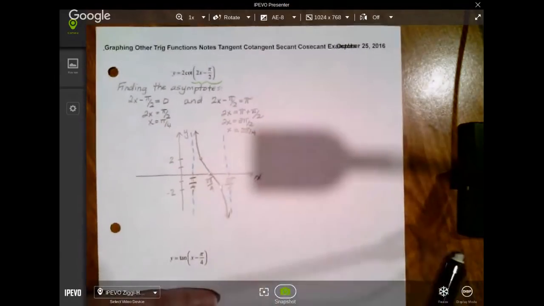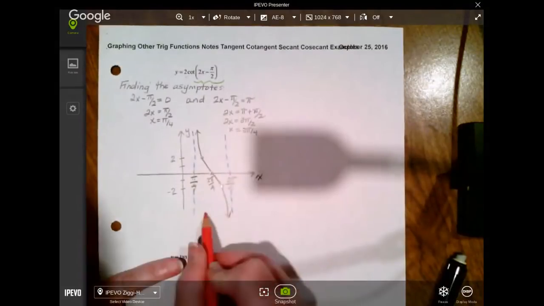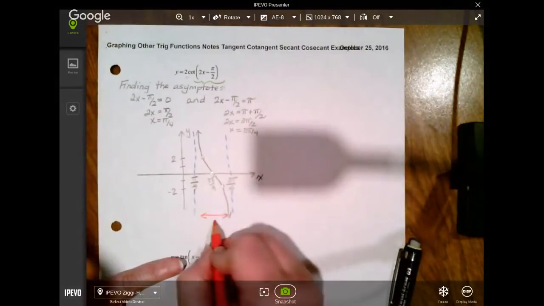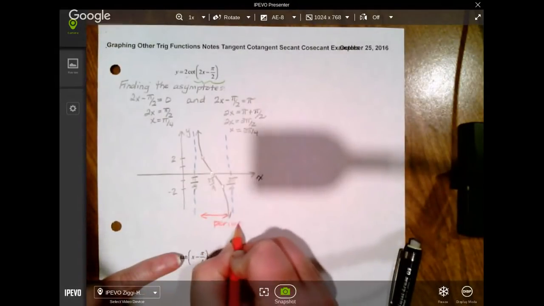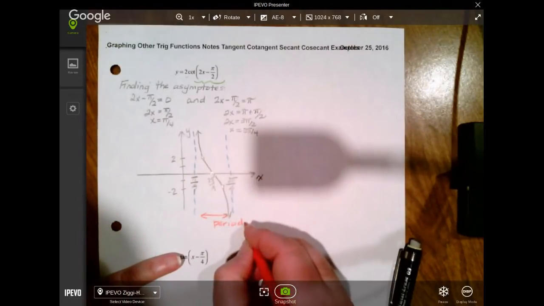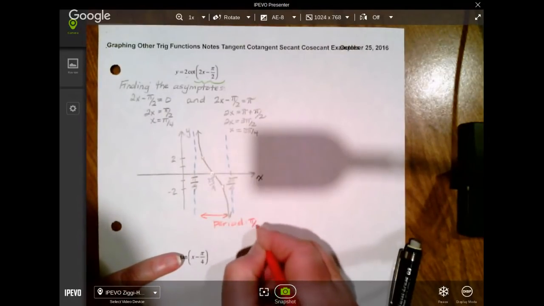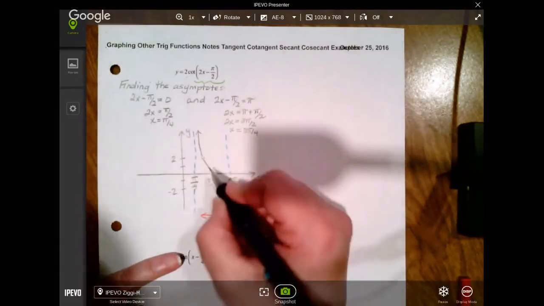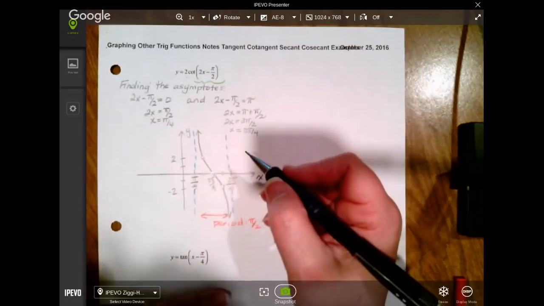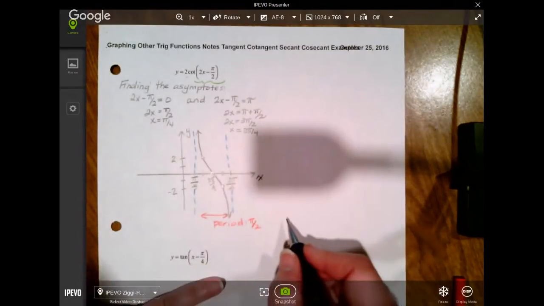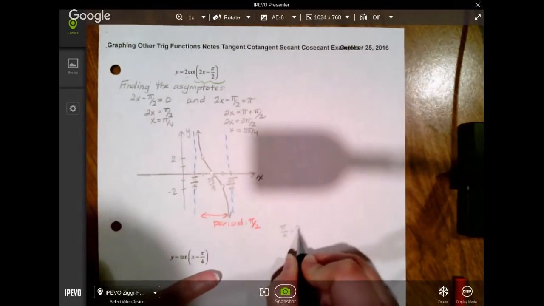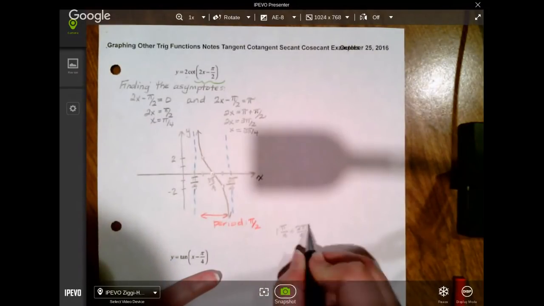Now, the period is going to be still between the asymptotes here. So the period is going to be 3 pi over 4 minus pi over 4, which is 2 pi over 4, which is pi over 2. And then the halfway mark here, halfway between pi over 4 and 2 pi over 4. Well, how do we find that? Well, we average. So we're going to say pi over 4 plus 2 pi over 4 times 1/2.